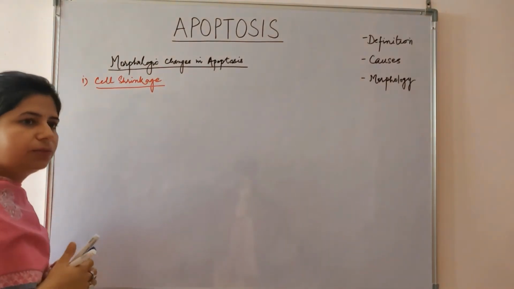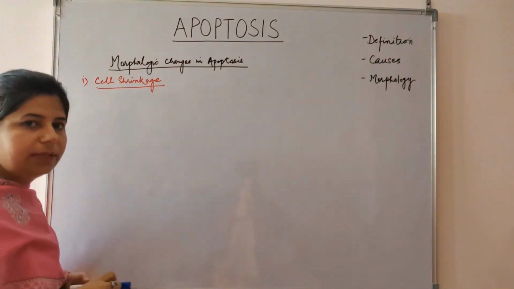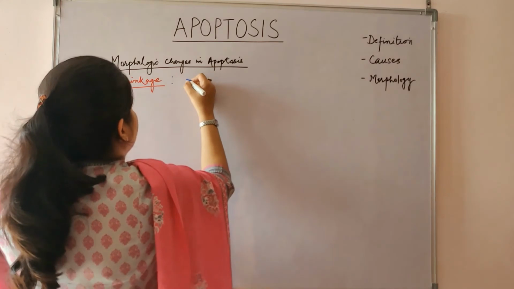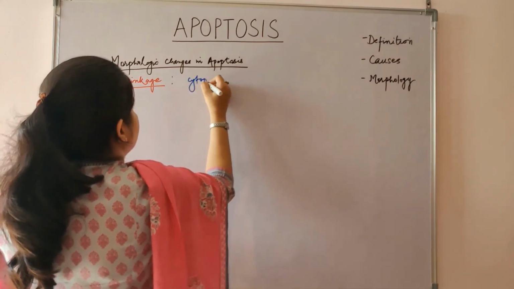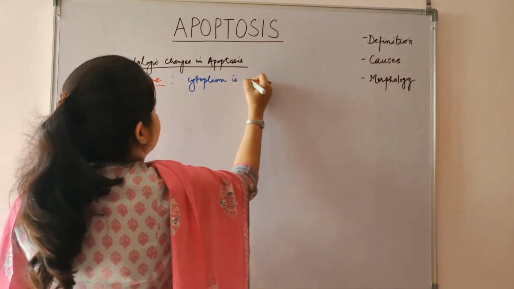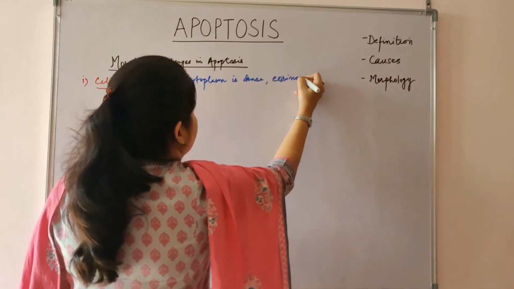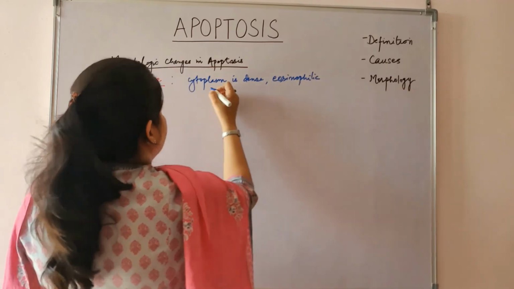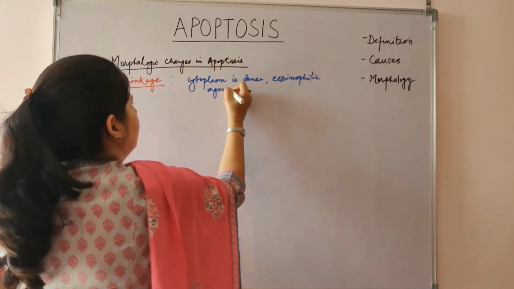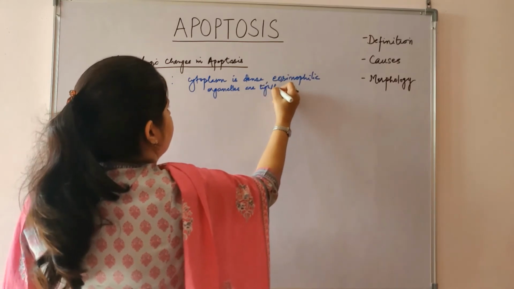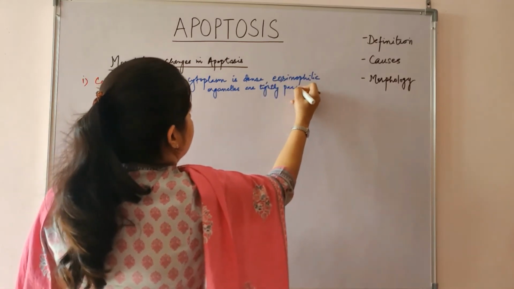This is in contrast to that seen in necrosis where there is cellular swelling. So the cytoplasm is dense, eosinophilic, and the organelles are tightly packed in the cell.